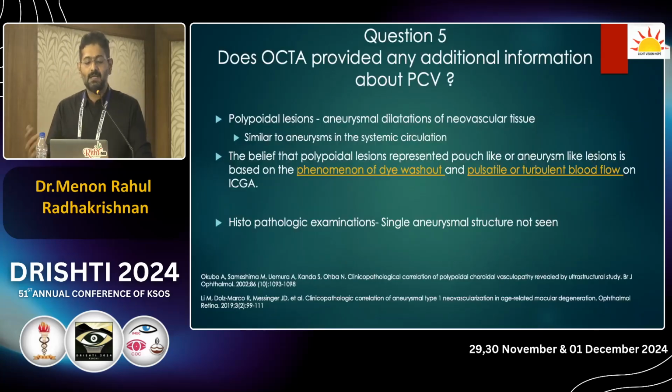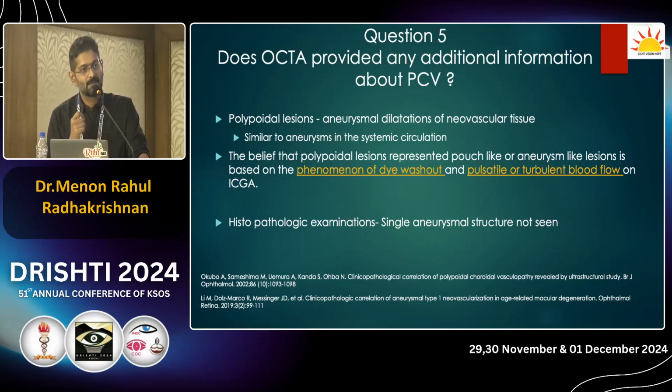Now, does OCTA provide any additional information about PCV? When we talk about polyps, we all consider the polypoidal lesions to be aneurysmal dilatations of the neovascular tissue, very similar to the aneurysms that we find in systemic circulation. This belief is on the basis that on ICG we see the phenomenon of dye washout and pulsatile or turbulent blood flow.